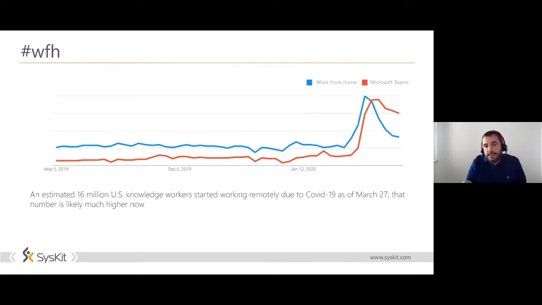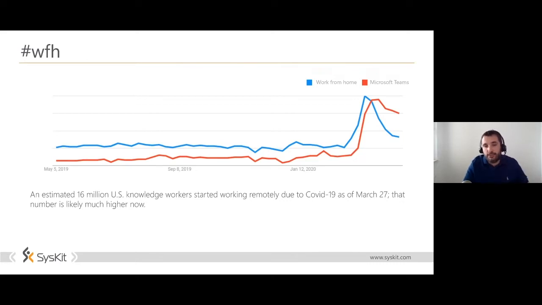Just a month ago, all over the globe, we started working from home. The chart you're seeing is from Google Trends, and it indicates the number of searches in the last year regarding work from home and Microsoft Teams. As you can see, there has been a huge spike since March of this year, where people were Googling to find out more information on working from home.